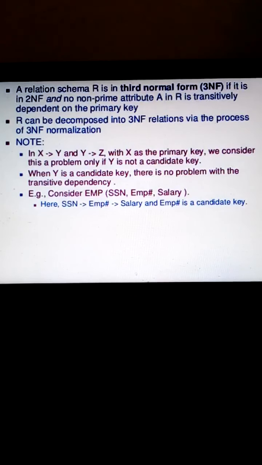But if suppose employee ID is a non-prime attribute, then there will be a problem, because in the third normal form, no non-prime attribute is transitively dependent on the prime key. That is not allowed in the third normal form. This is the third normal form.